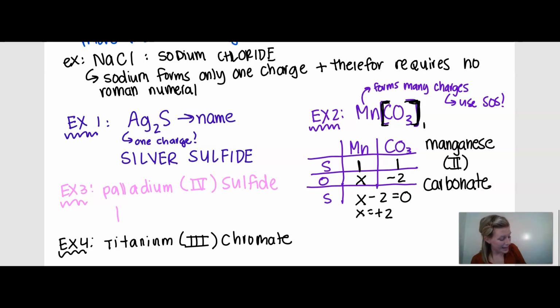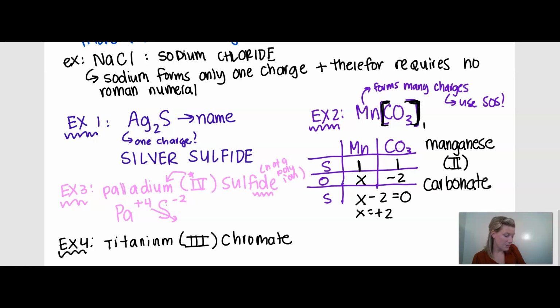It is Pd, and we want to know the charge here, but remember the charge is already given to you. It's actually super fast. It's in that Roman numeral, so this is a +4. Sulfide ends in IDE, which means it's not a polyion. We're going to use S, and S's most common charge is a -2.